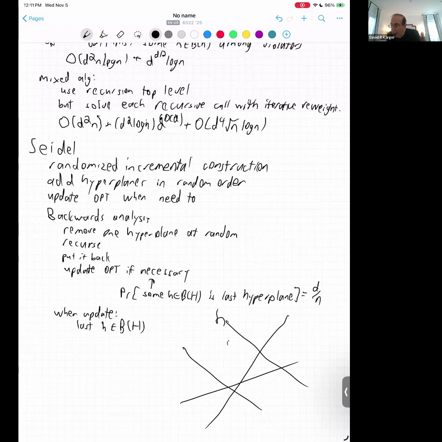So how do we use the fact that we have one hyperplane of the optimum? Well, that tells us that we only need to find d-1 other hyperplanes in order to find the optimum. We're no longer looking for d hyperplanes. And in particular, this tells us that the opt is on H, on that last hyperplane.